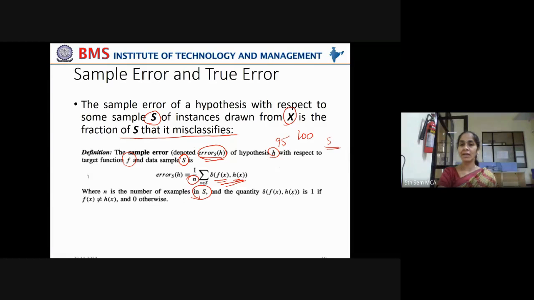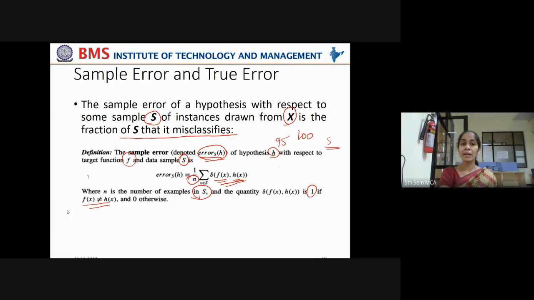delta(f(x), h(x)) is 1 if f(x) is not equal to h(x), which means there is some error, when your learned target function is not equal to the target label predicted by your hypothesis. Do not get confused, listen to me carefully.